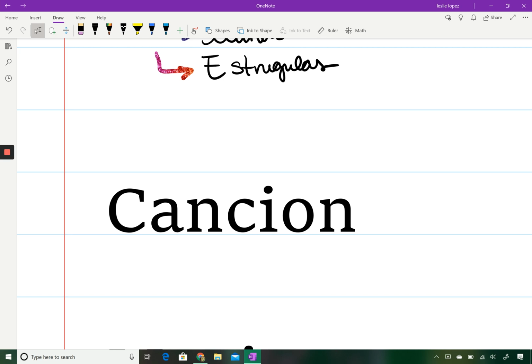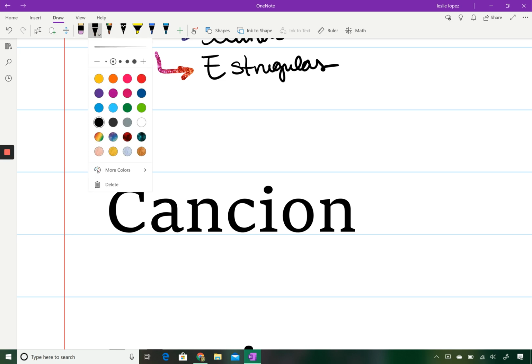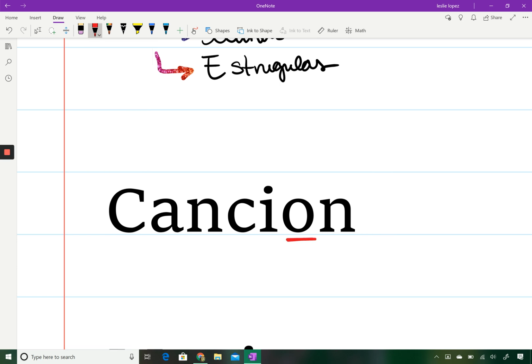But as you can see, canción, the stressed syllable is on the O. That means, let me change, I apologize. That means since the stressed syllable is on the O, that makes it a palabra aguda.